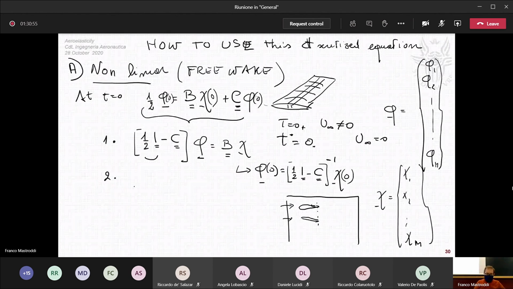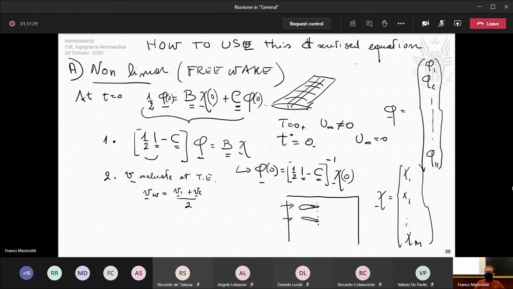In two steps, in the second step, I can evaluate V where? I would like to evaluate V just here and here in the trailing edge. I evaluate V at trailing edge and evaluate V wake as average between V1 plus V2 by 2.